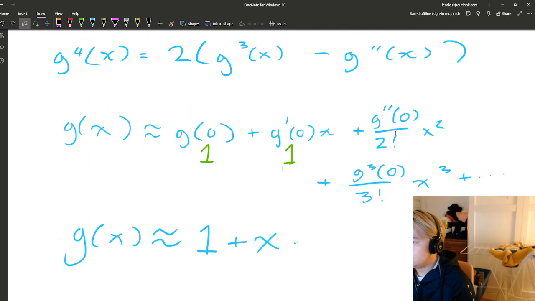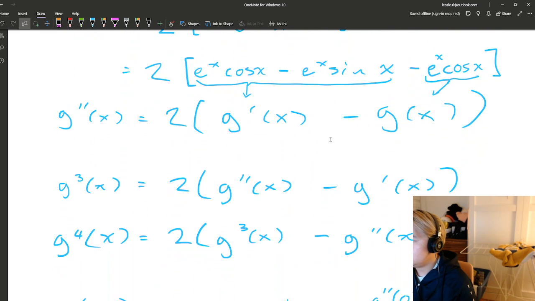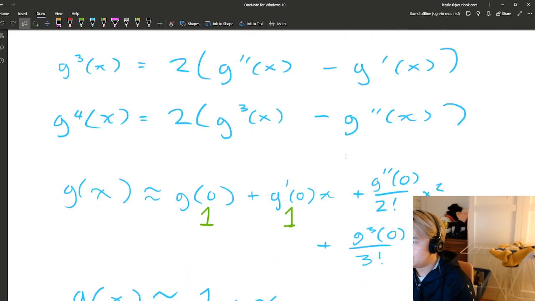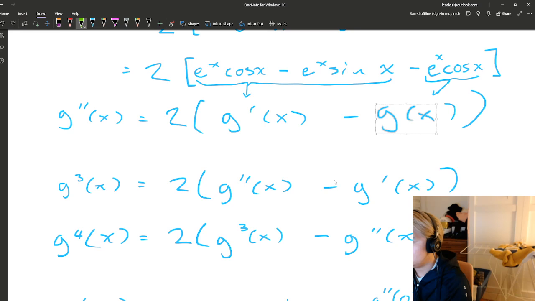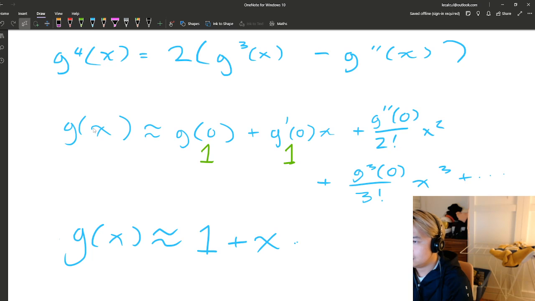Okay, so g double prime of 0 is going to be 2 times g prime at 0 minus g at 0. Both of those things are 1, so 1, 1. So g double prime is going to be 0. So we don't have an x squared term.